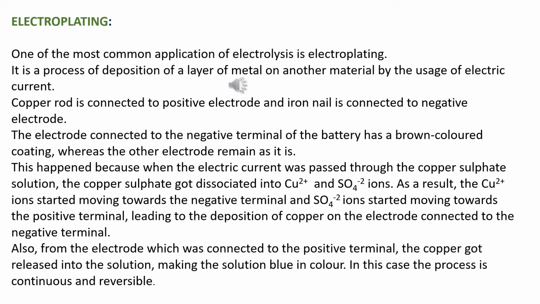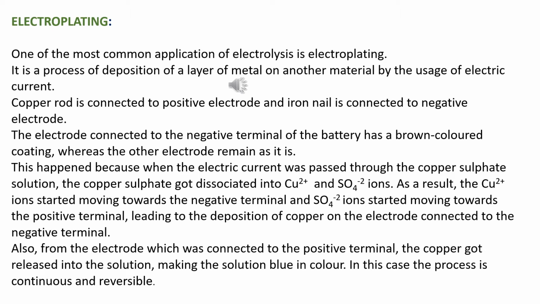One of the most common applications of electrolysis is electroplating. Electroplating means we need an object which looks very bright, and we don't want to spend much money. So there we go for an electroplated item.